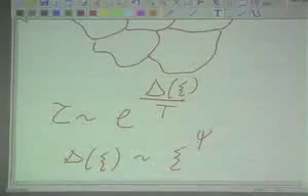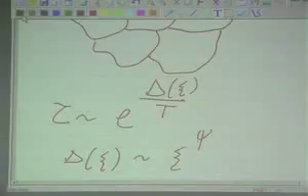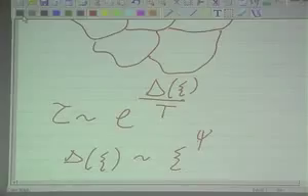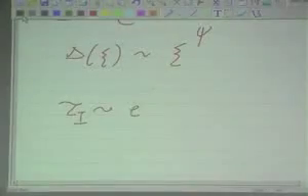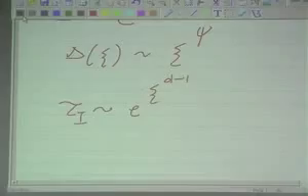Just to give you an example, if I take the Ising model below the critical temperature, say Tc divided by 2, I know that I have two phases, plus and minus. And what is the time scale to go from one to the other? For Ising, it is exponential of psi, if I consider a box of length psi, to the d minus 1, with a constant in front.